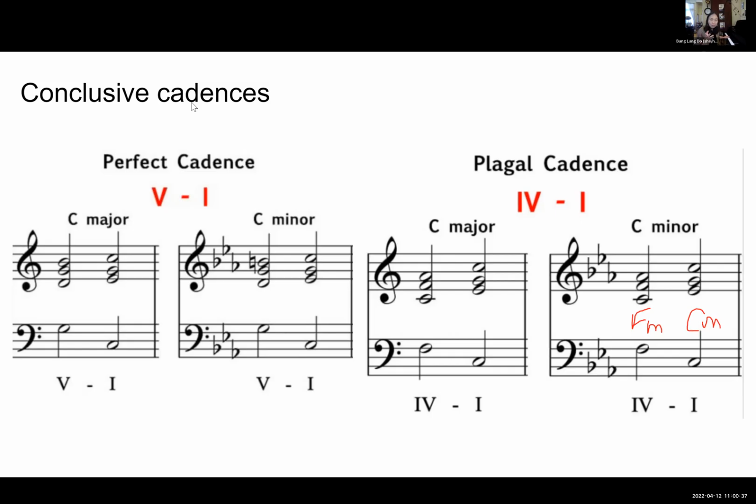Okay, let me improvise something and then finish it with 4-1 instead in minor here. That would be a 4-1, F minor.